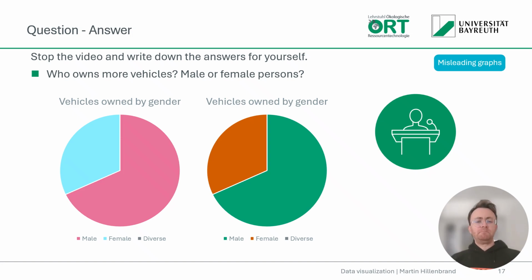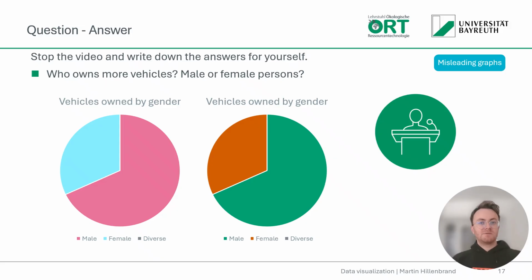But if you are thinking, okay, hey, I'm clever, I'm just using blue for female persons and pink for male persons because I don't want to reproduce stereotypes, you're misleading people. So also think about it. Maybe you don't want to reproduce stereotypes, but on the other side you also don't want to mislead people, then just use different colors.